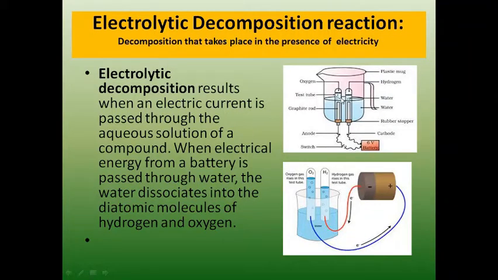And another important observation in both the apparatus, you can see that the volume of gases collected in the two test tubes is not the same. The volume of gas in both is not the same, okay.